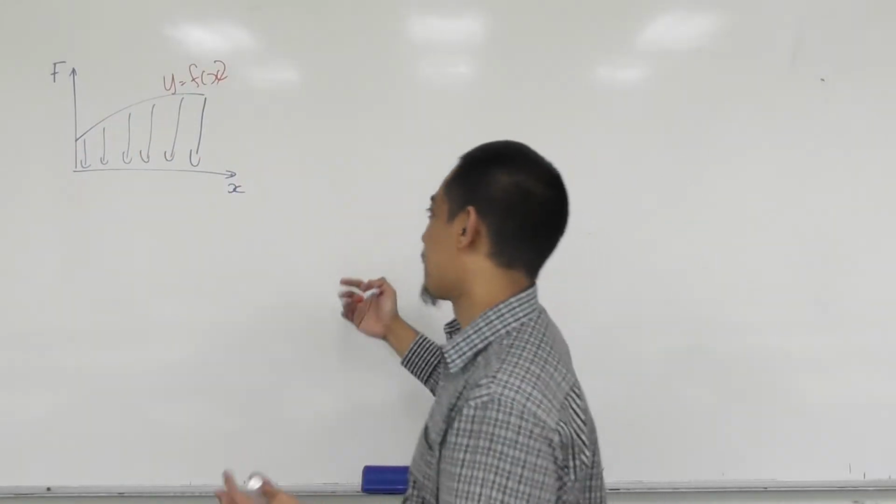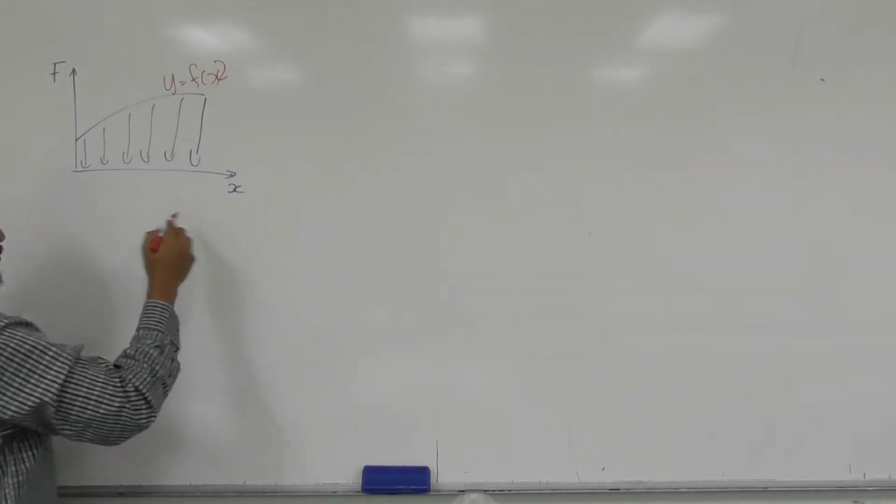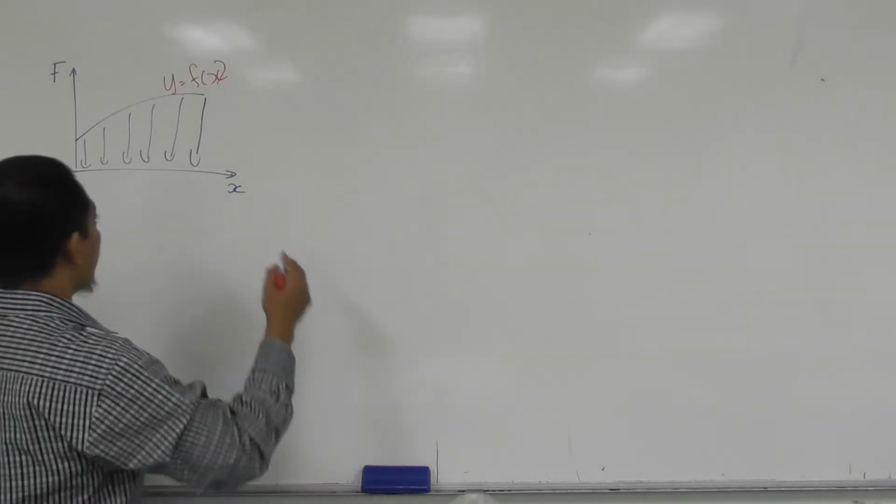So that's a function. How do we get the value here? Basically, the idea is something like this.